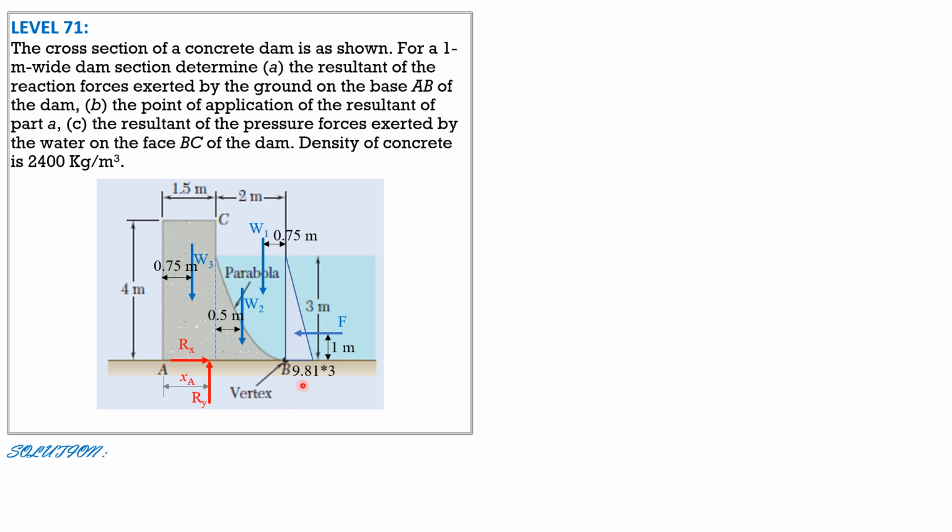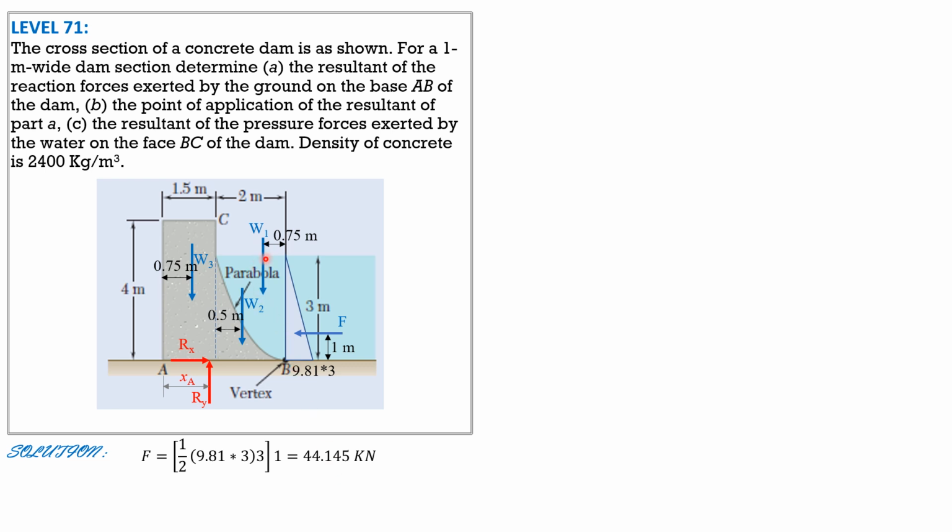So this pressure is specific weight of water, 9.81 times 3. Therefore F is the volume: 1/2 of 9.81 times 3, base, times height 3, perpendicular to the board 1, so 44.145 kilonewtons.